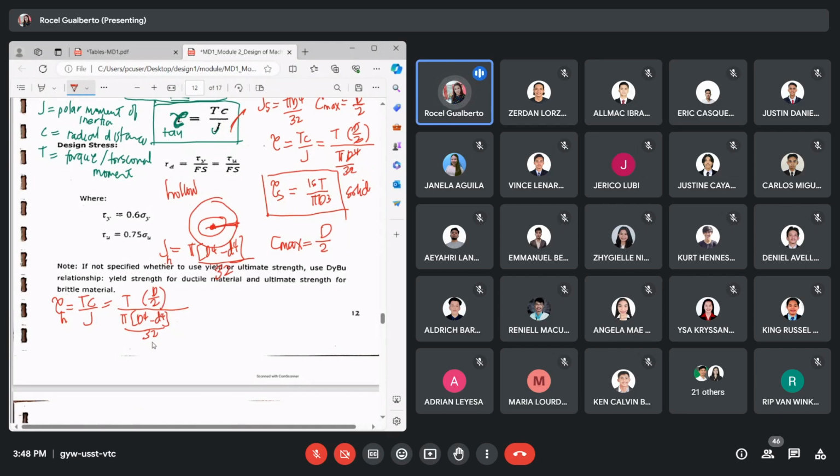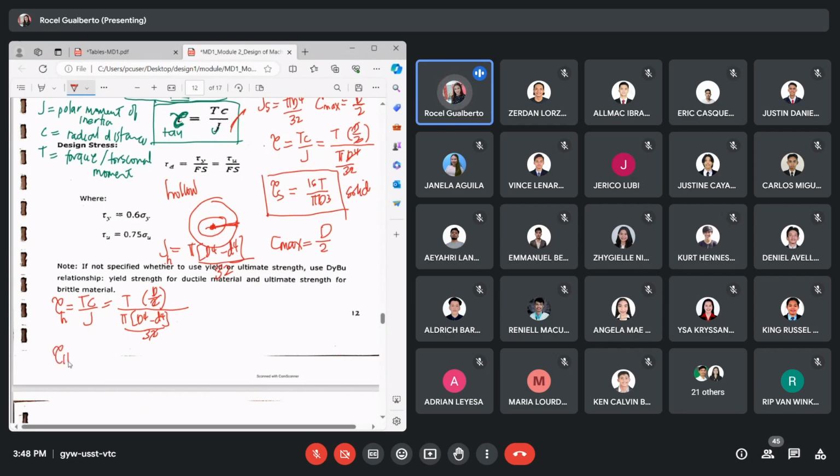So what can we cancel naman po this time? Ano po yung ma-cancel natin diyan? Yung 2 and 32 lang po ang pwede natin ma-cancel. We cannot cancel po yung diameter this time. So, simplifying that, ano na po yung magiging equation natin?